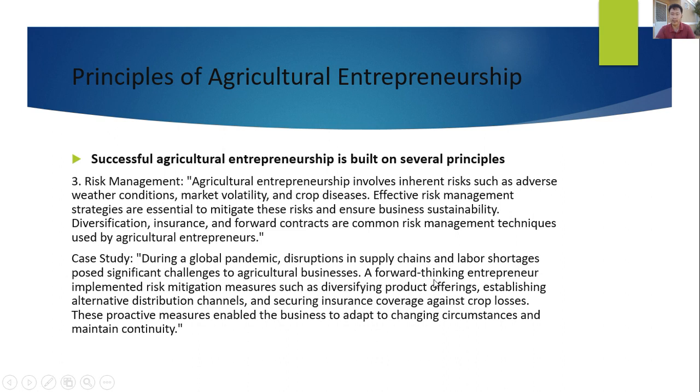A forward-thinking entrepreneur implemented risk mitigation measures such as diversifying the product offerings, establishing alternative distribution channels, and securing insurance coverage against crop losses. And then these proactive measures enabled the business to adapt to the changing circumstances and maintain continuity.